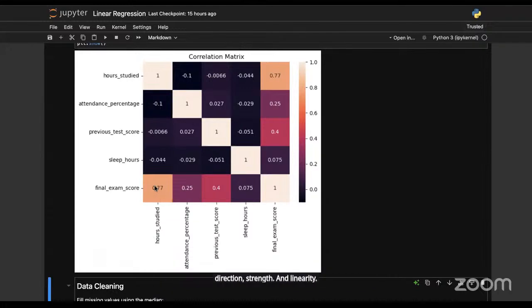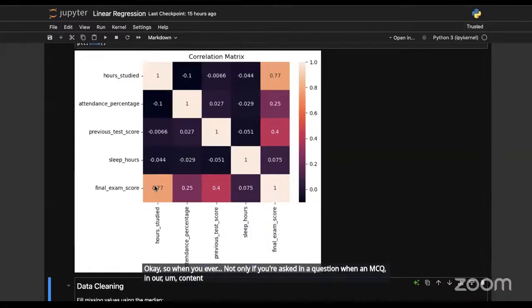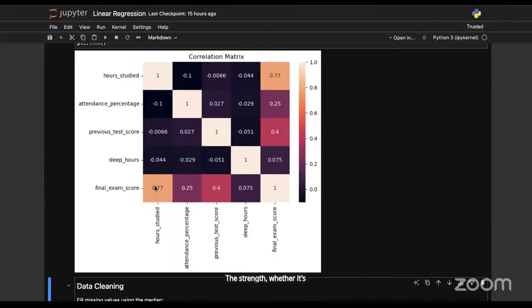Not only if you're asked in a question or in an MCQ in our content, but in general, suppose you do another course, I hope you will remember these three important terms: the direction, whether it's positive or negative, the strength, whether it's strong or weak, and the linearity. It has a positive, strong linear relationship.